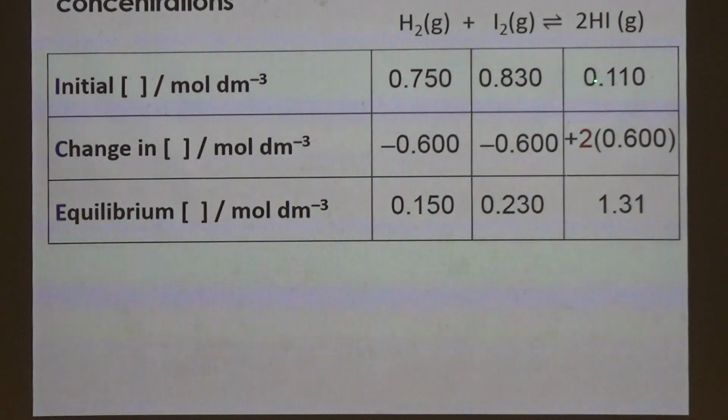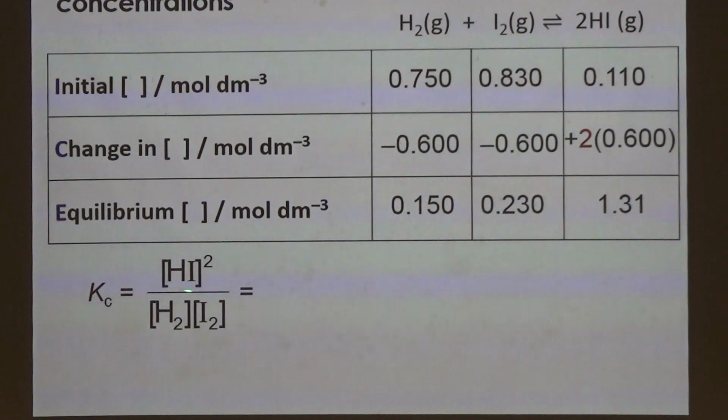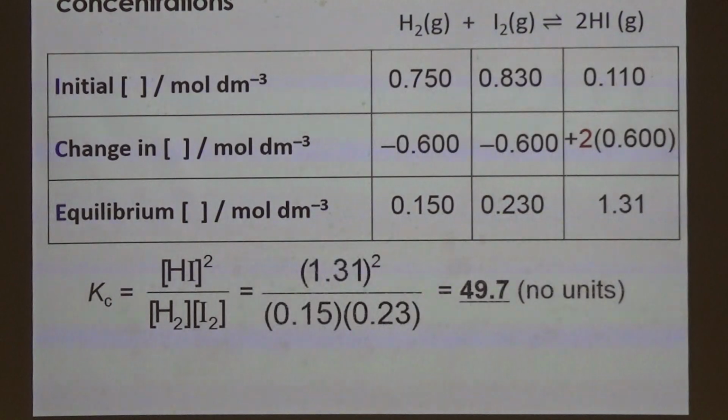So 0.110 plus 1.2, you get 1.31. Kc is equal to the concentration of HI squared over the H2 concentration times the I2 concentration. So you will get 49.7. No units, because all the concentration units cancel out. So this particular Kc has no units.